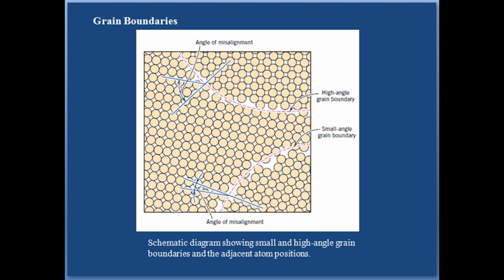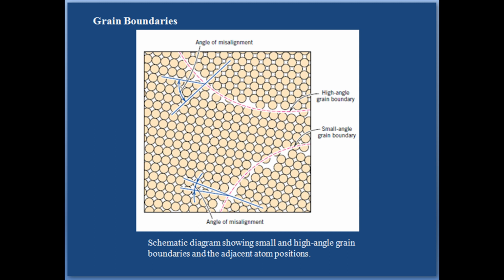The atoms are bonded less regularly along a grain boundary. For example, bond angles are longer, and consequently there is an interfacial or grain boundary energy similar to the surface energy just described. The magnitude of this energy is a function of the degree of misorientation.